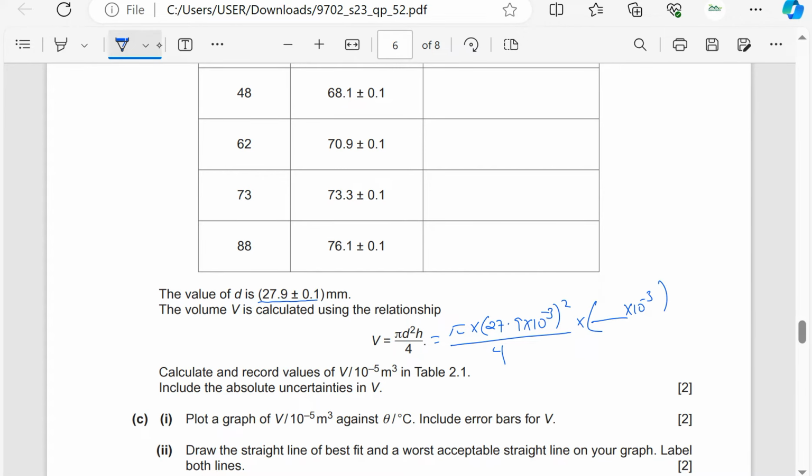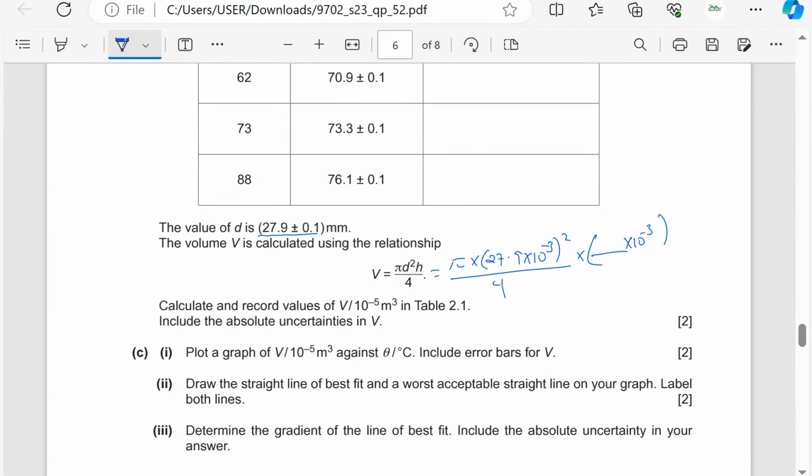Then for the uncertainty in V, we have d squared and h, multiplication and a power. So the fractional uncertainty in V divided by V is going to be twice the fractional uncertainty in D plus the fractional uncertainty in H. So the absolute uncertainty in V is going to be the bracket 2 fractional in D plus fractional in H, times V, times the corresponding value.